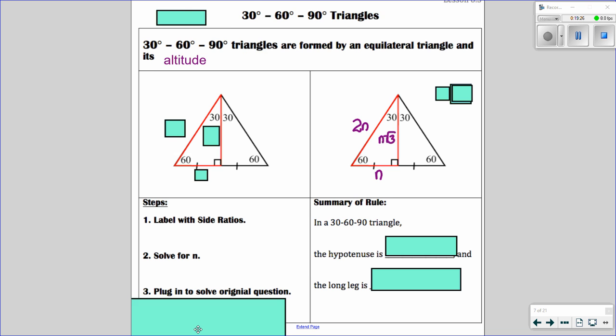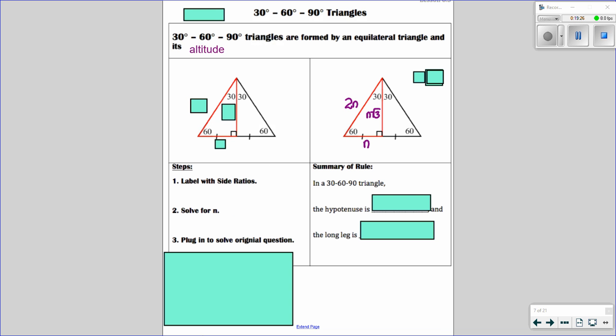All right, so the steps are the same as if you did the 45, 45, 90. You label the side ratios, you solve for n, and then you plug whatever you solved for n into the original question, or the side that you are trying to look for, or maybe another side that you need to find.